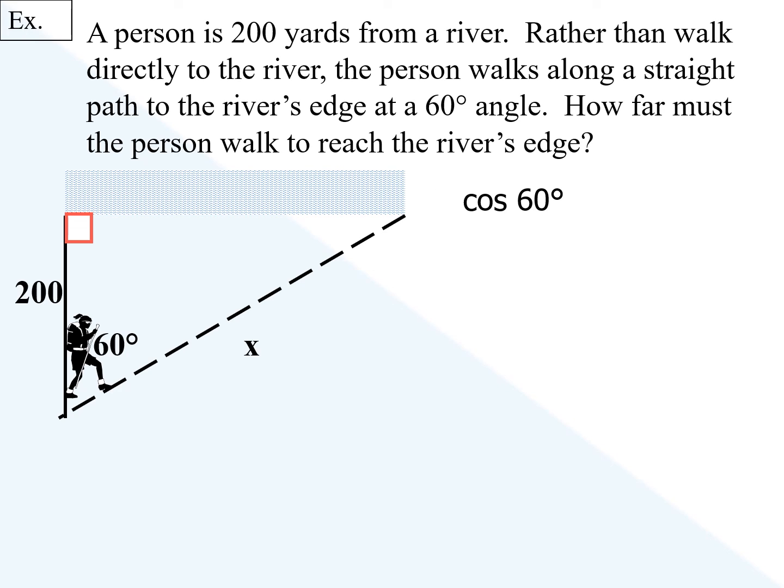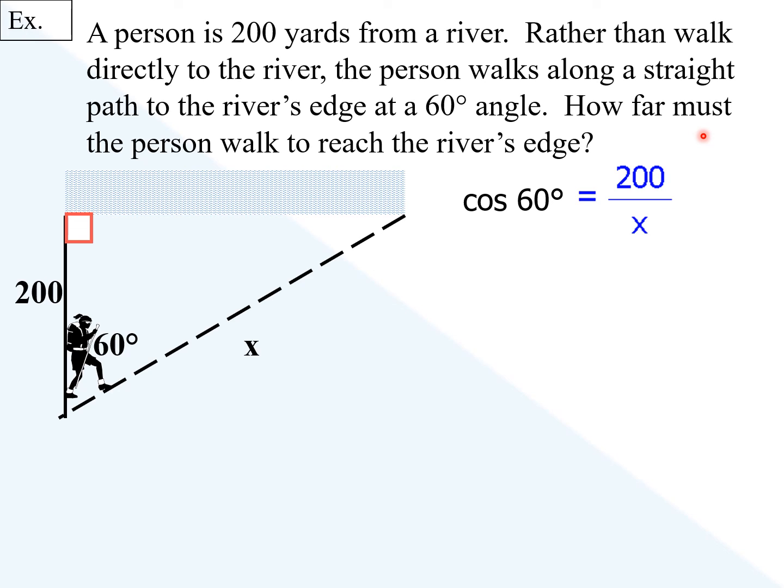So we are going to use cosine. Why cosine? Because cosine 60 degrees, where theta is 60 degrees, is equal to adjacent over hypotenuse. This is the adjacent side, this is the hypotenuse.